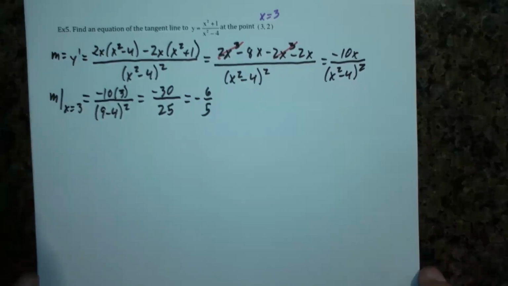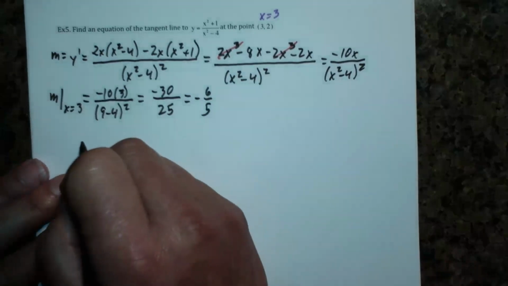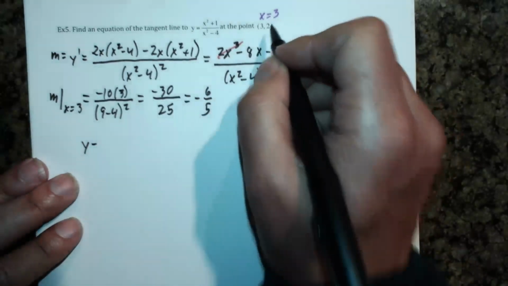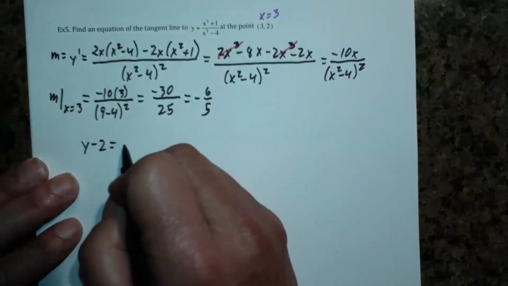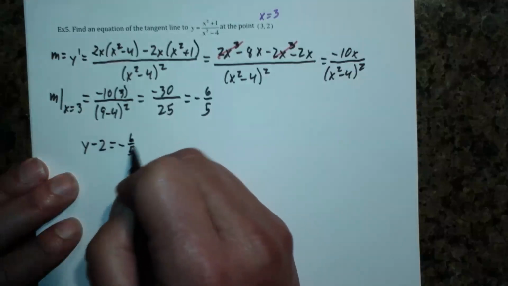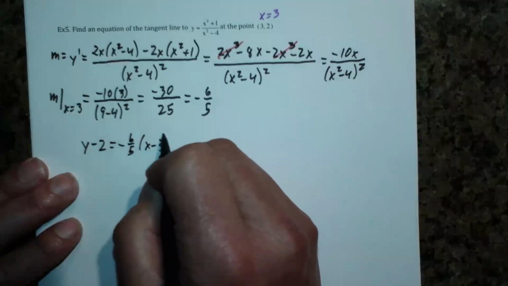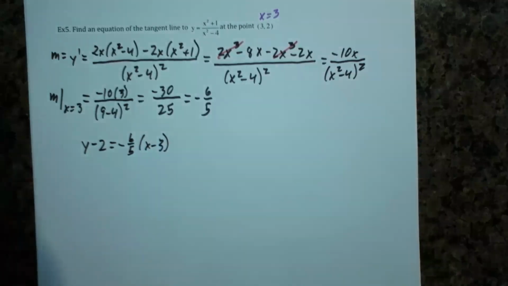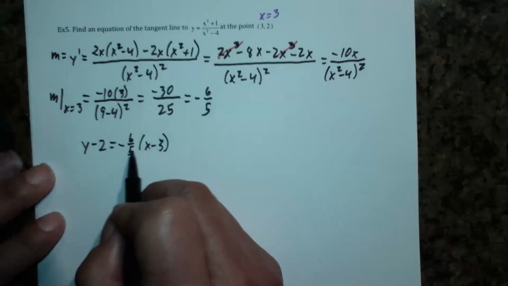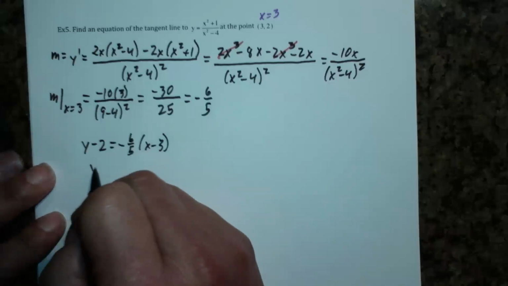So now that we have the slope, let's build the equation of the line. Y minus 2 equals negative 6/5 times x minus 3. I'm going to go ahead and distribute that negative 6/5. Some teachers let you leave it like this, which is fine. I'm going to take it all the way to slope-intercept form. So I'm going to distribute the negative 6/5, and I'm going to add the 2.